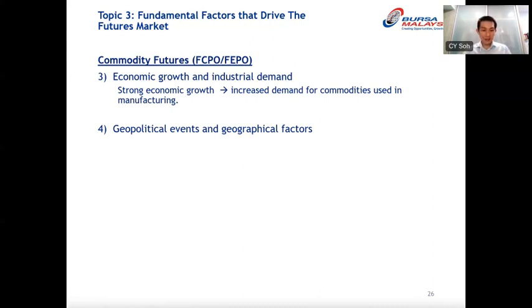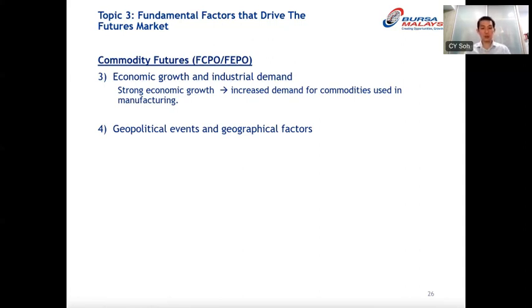And lastly, number 4 would be geopolitical events and geographical factors. This includes political instability or trade disruptions, sanctions, and even conflicts in major commodity producing countries, which can impact your commodity futures price very directly.